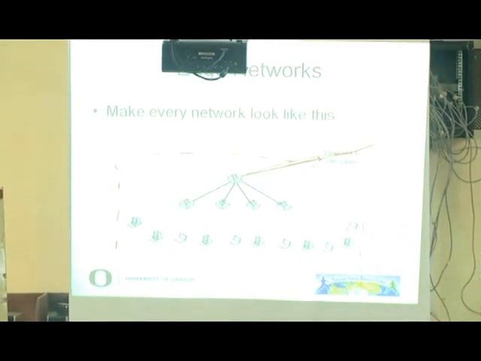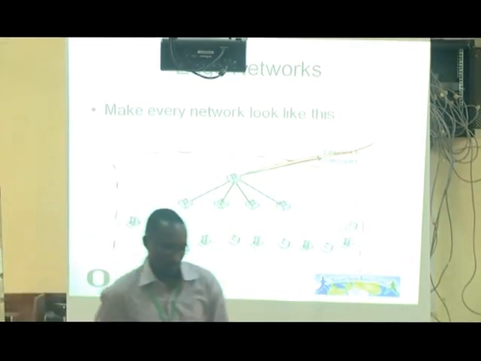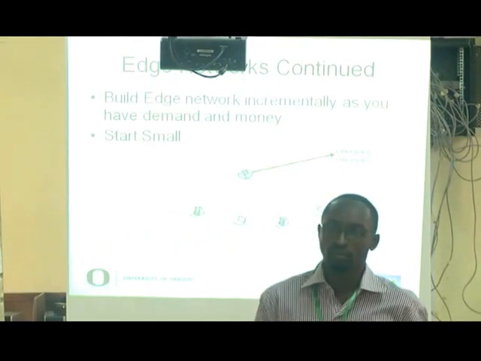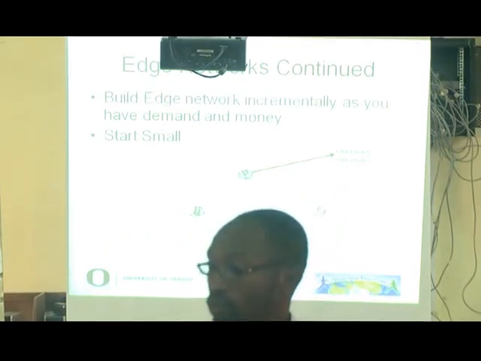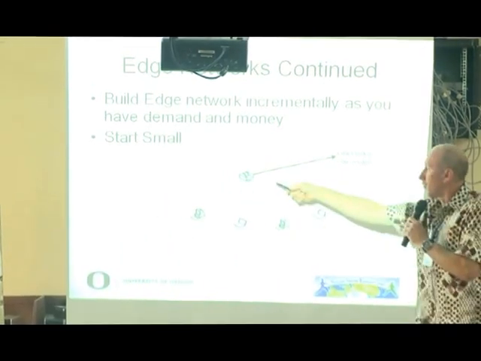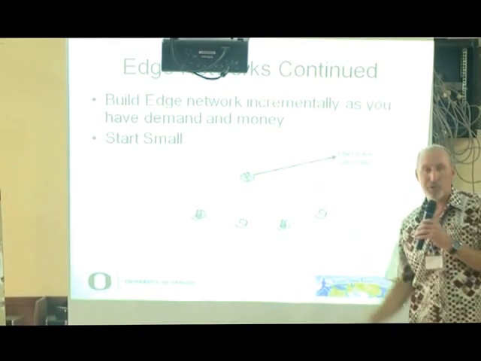Now, when you're growing your network, you can't really afford to buy all these switches. But you don't need to connect everybody in the building, so you can start incrementally. You can put in the aggregation switch and the fiber and connect up a few computers.